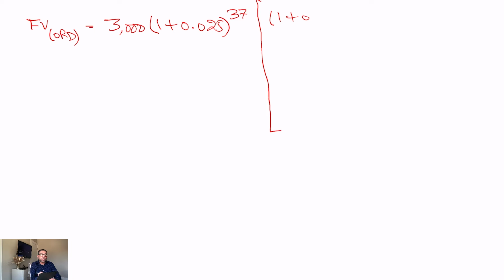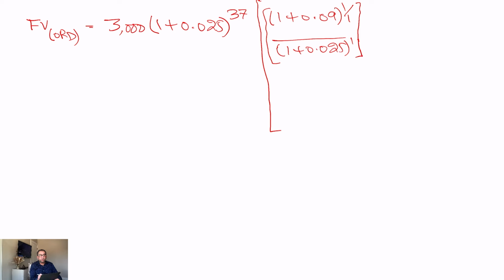Multiply by 1 plus 0.09 exponential 1 by 1, because both are annually, divided by 1 plus 0.025. There is no need of an exponential here.